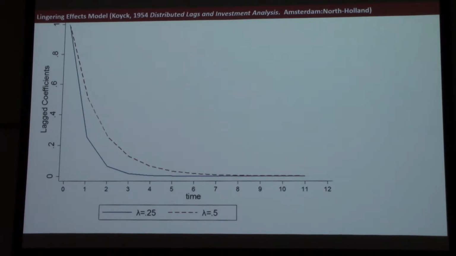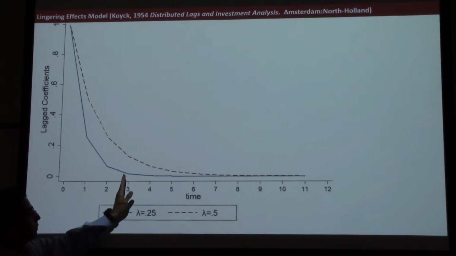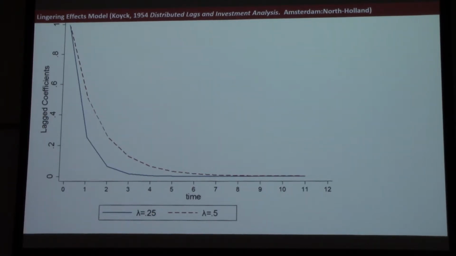Here's a lambda of 0.5. More of the advertising effect is carried over into the next periods, so the decay is going to be slower and the effects of advertising are going to last longer. Here is a lambda of 0.75, and again you see a similar pattern.